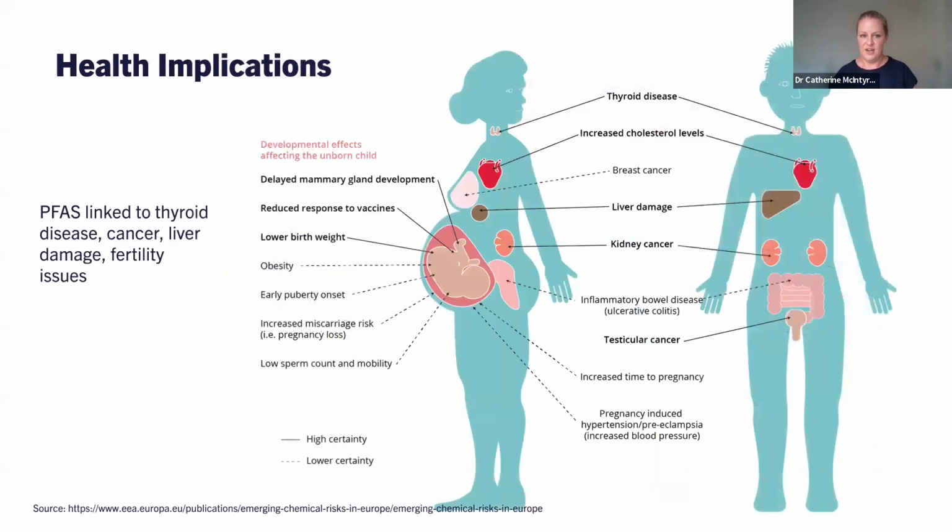And then the issue there is that PFAS has been linked to health implications. So they're linked to thyroid disease, cancer, liver damage, fertility issues. So they are toxic, and that is due to that bioaccumulation effect, and that is due to the strong carbon-fluorine bond, which doesn't break down very easily. So they're starting to become a problem.